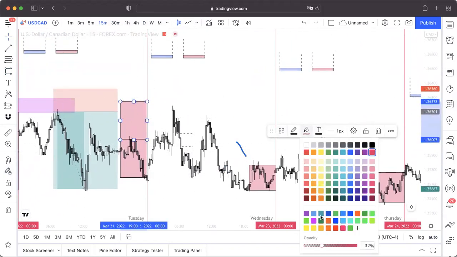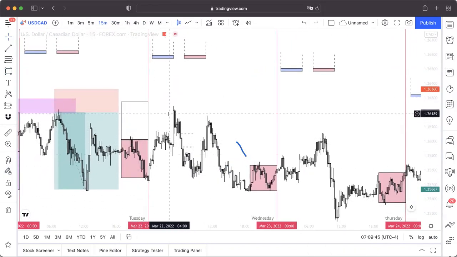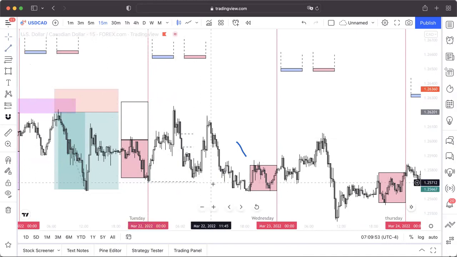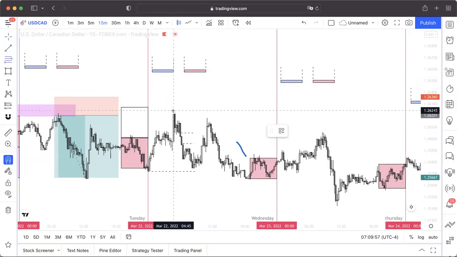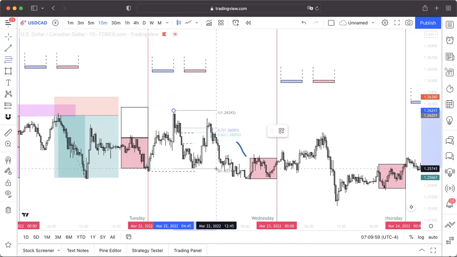So technically it's really easy. The market just trades up, trades down. It also creates the liquidity right there. So you can pull your fib like that.